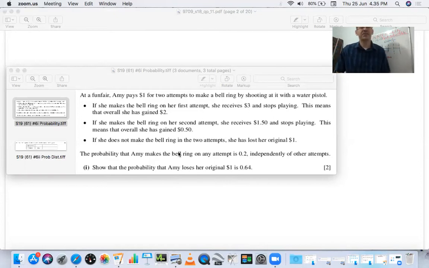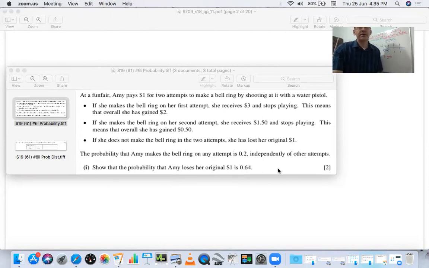If she makes the bell ring on the second attempt, she receives $1.50 and stops playing. This means that overall she has gained 50 cents. So she gets back $1.50, she gave $1, so she's now only gained 50 cents. If she does not make the bell ring in the 2 attempts, she loses the original $1. So her gain is actually a -1, or lost $1.